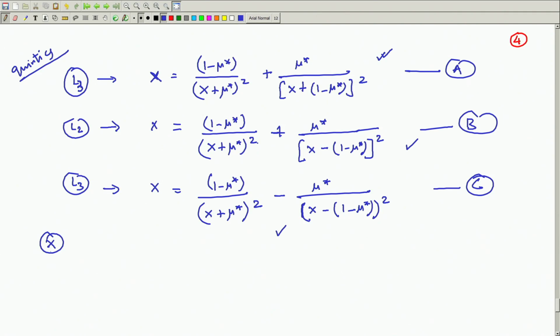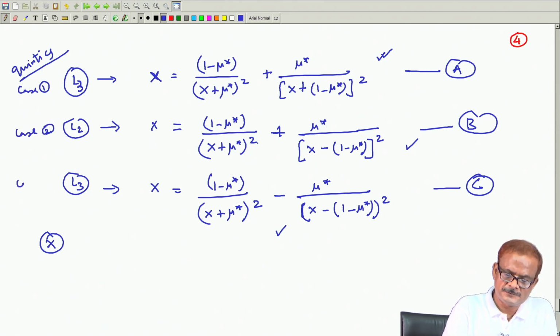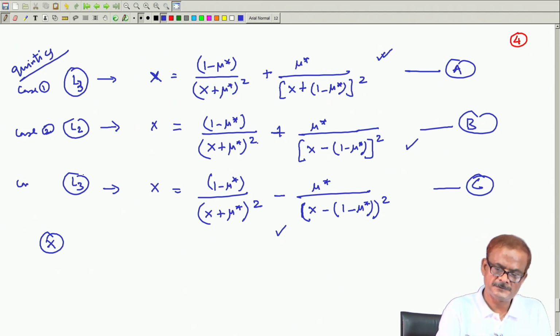So, say this is case 1, case 2, and the last one we have considered as L 1, and this is case 3.